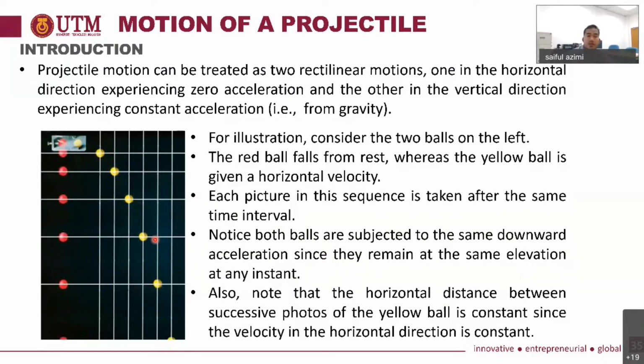From this example, you can understand the definition of the projectile: in the horizontal the velocity is constant, so the acceleration is 0, but in the vertical, the acceleration is constant.